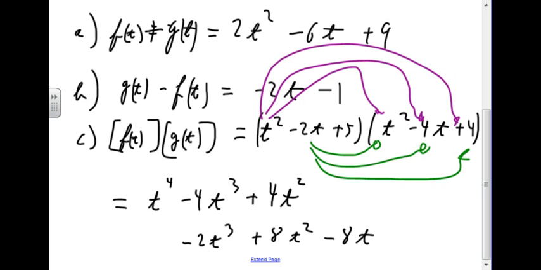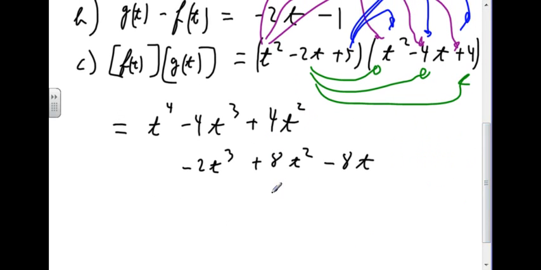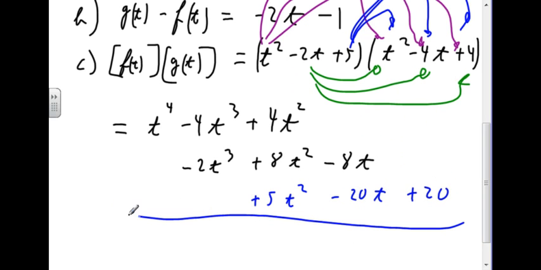Okay, what color haven't I used yet? I haven't used that one. Then we go that guy times this guy times that guy. 5t squared minus 20t plus 20. Now I'm going to add them all together.